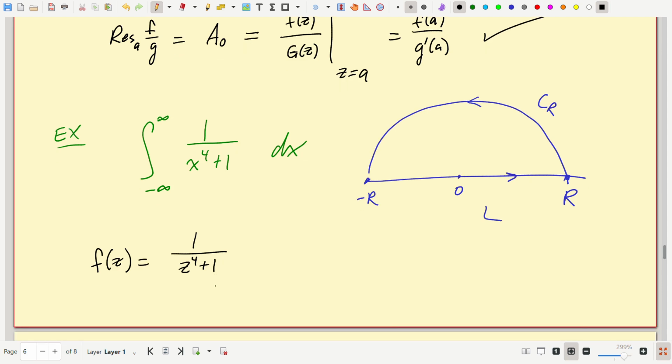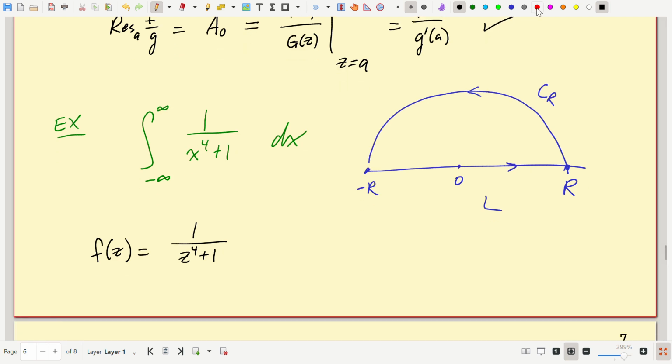The zeros of z to the 4th plus 1 are e to the i pi over 4, e to the i 3 pi over 4, and there's two more, e to the i 5 pi over 4. Those are outside the D, so they're not going to contribute. This one's e to the i 7 pi over 4.